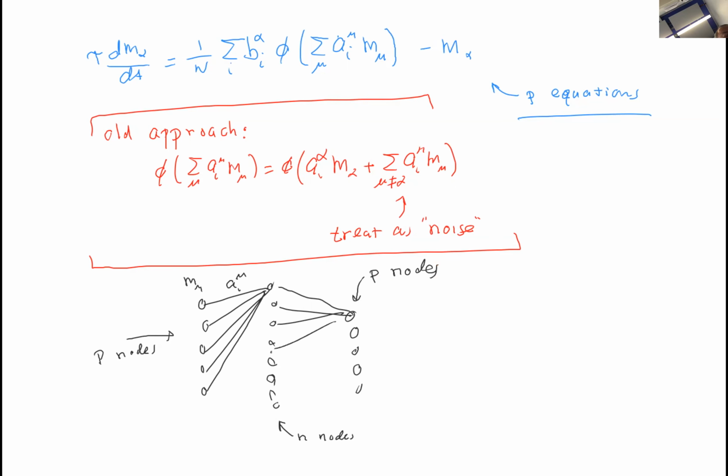And the output of this is phi, right? And that equals tau dm_alpha/dt, obviously plus m_alpha.